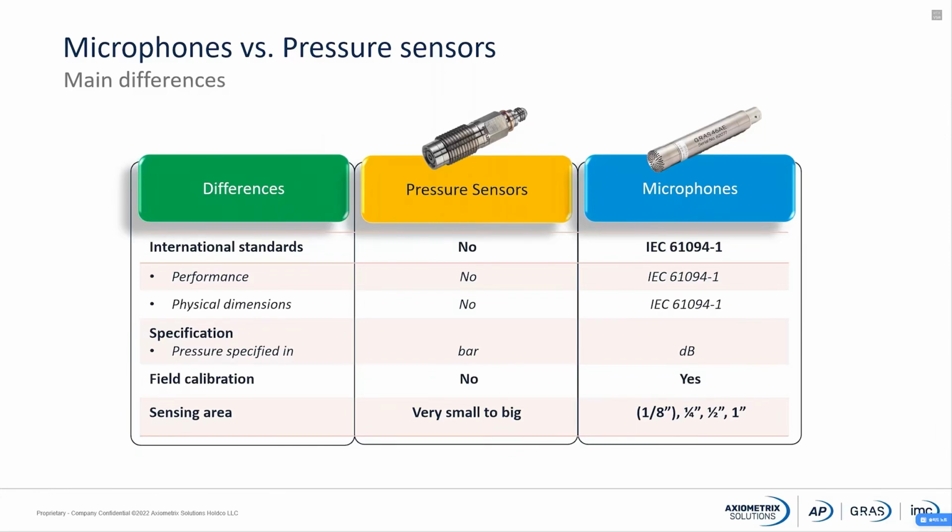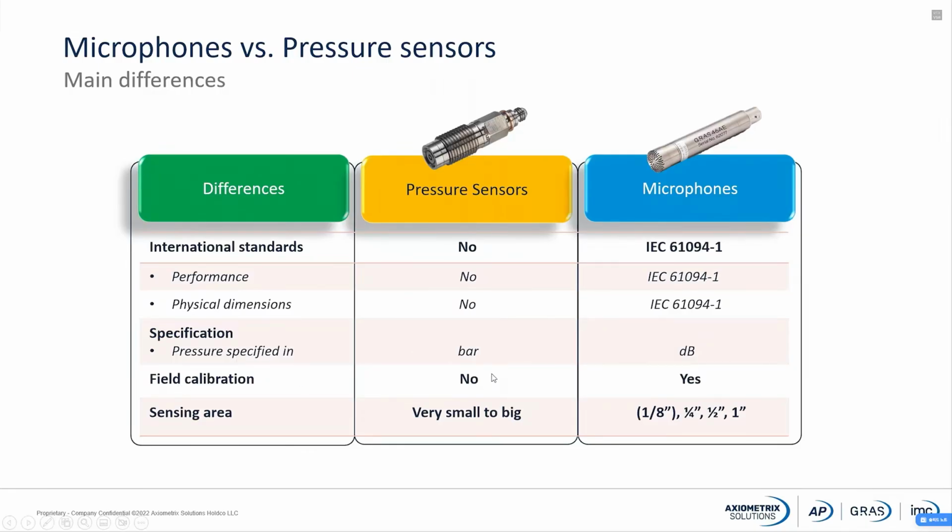And even the physical dimensions are the same if they are following the IEC standard. So you know exactly what you're getting when you're buying a microphone in accordance with the IEC standard. Specifications: pressures are specified in bar or PSI, and in dB for microphones. Can you do a field calibration?